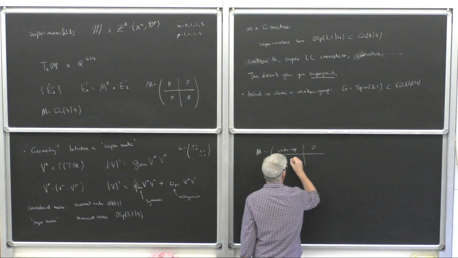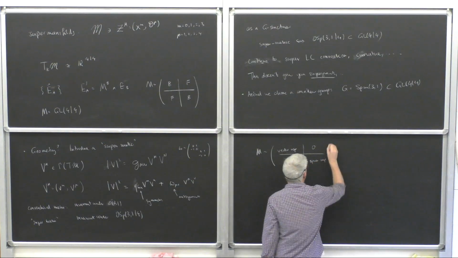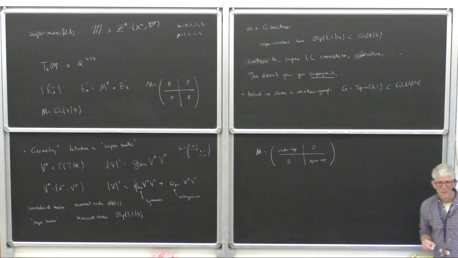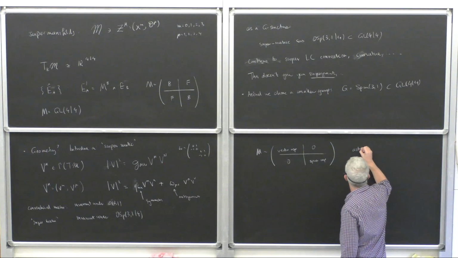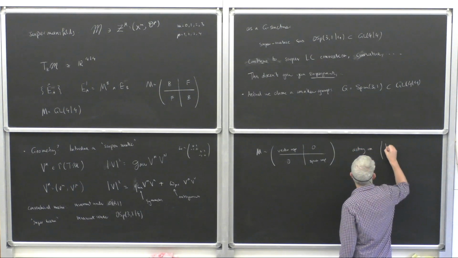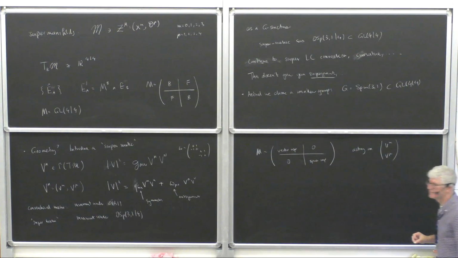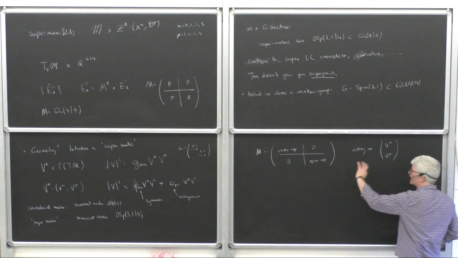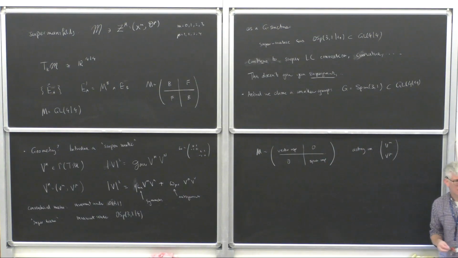Here we put 0, 0, and here we put the spinor representation. So what I mean, these are acting on this vector, this thing that looks like this. So on these indices, we just take the spinor representation, and on these indices, we take the vector representation.